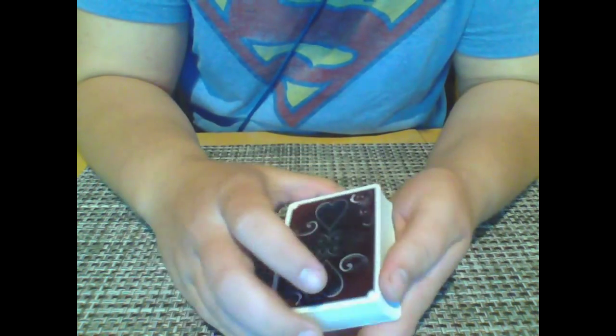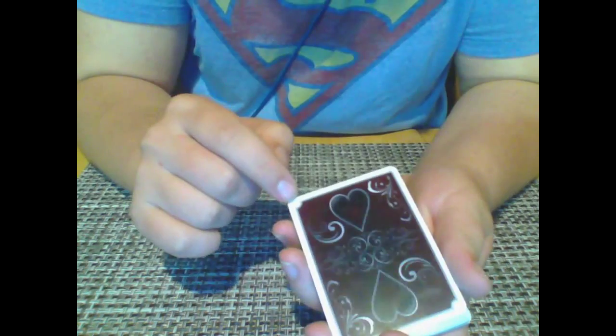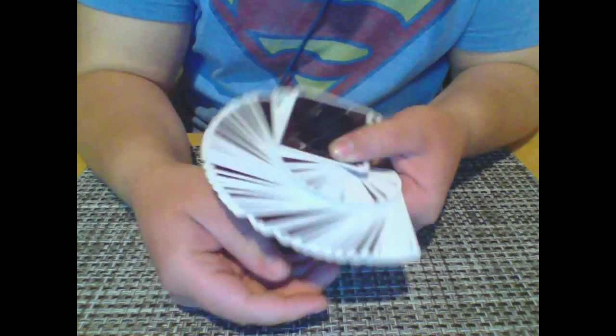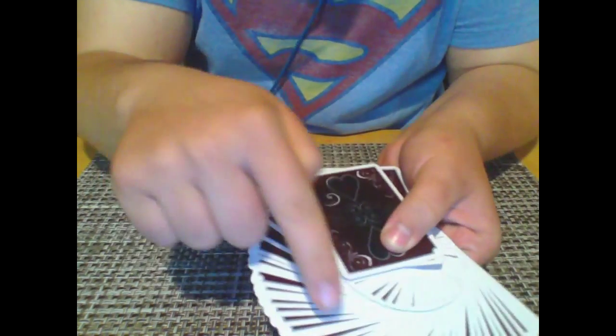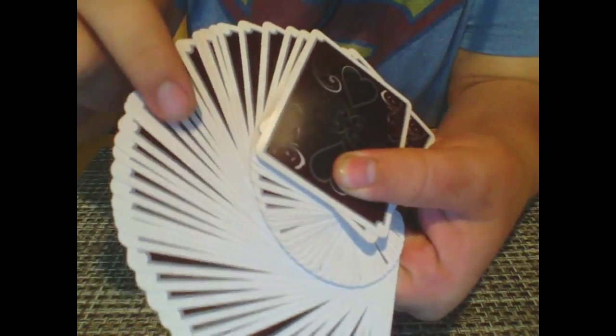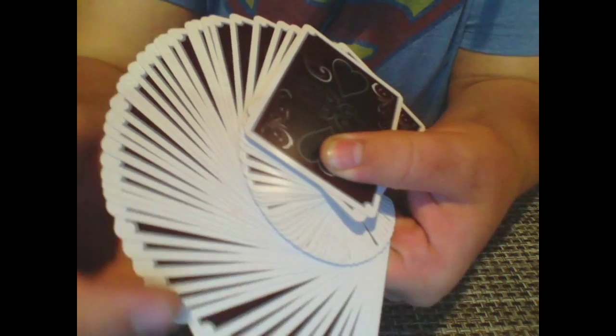As you can see, there are these little notches right here and here, and what those are for is that when you fan the cards like that, it gives a nice look, and you can see it on the edges. It has a nice notched edge right there on the fan.